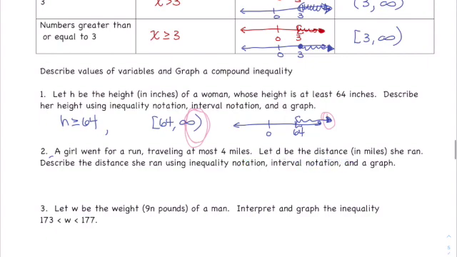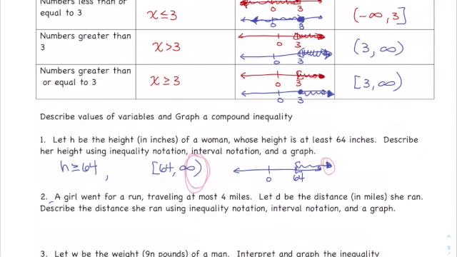So what we're going to have here is really a compound inequality, because there is an "and." You have 0 when she starts running, and the number is going to be between that and 4. It can only go up to 4, but it cannot pass 4. So that's your inequality. When you write interval notation, that's going to be between 0 and 4.